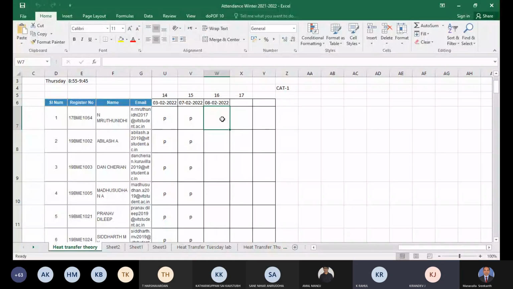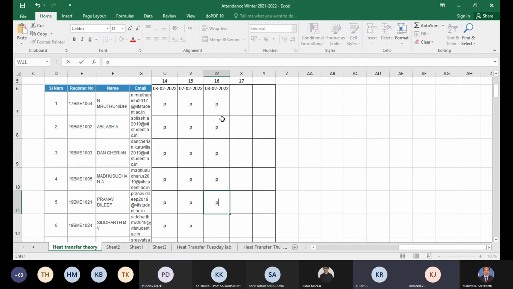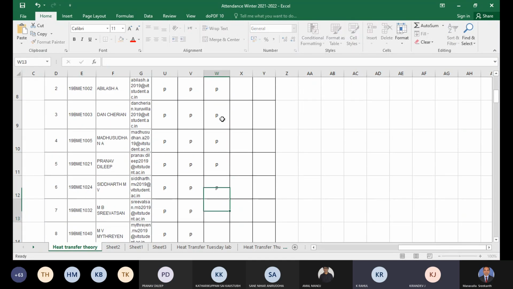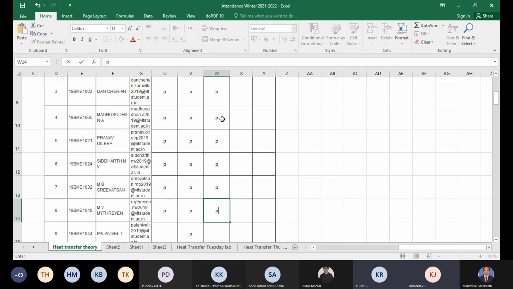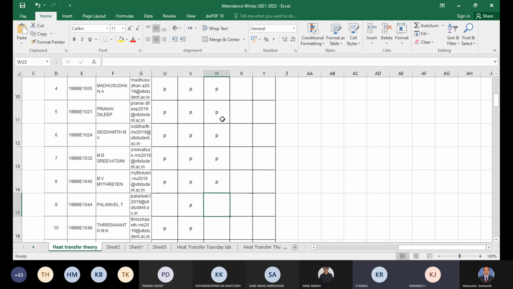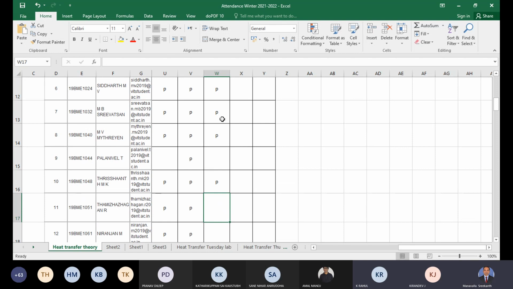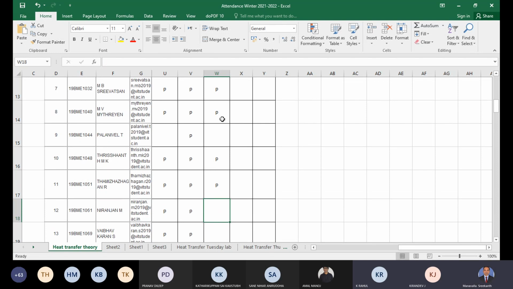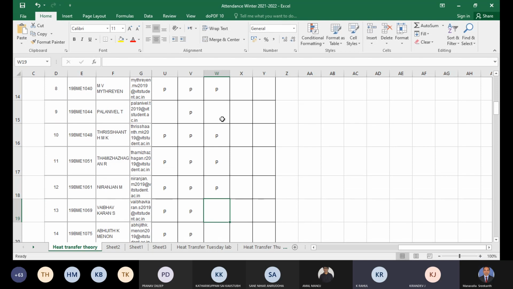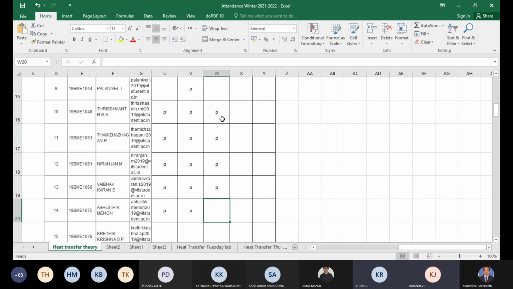Mrutunidhi, present, sir. Vilash, present, sir. Madhusudan, yes, sir. Siddharth, present, sir.